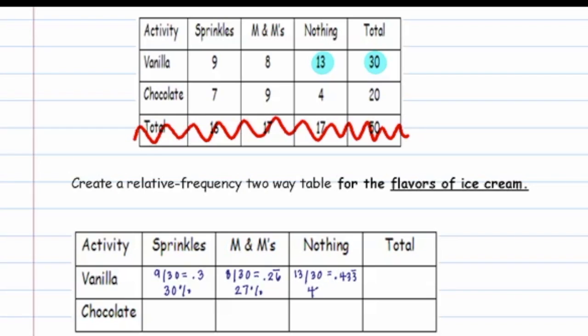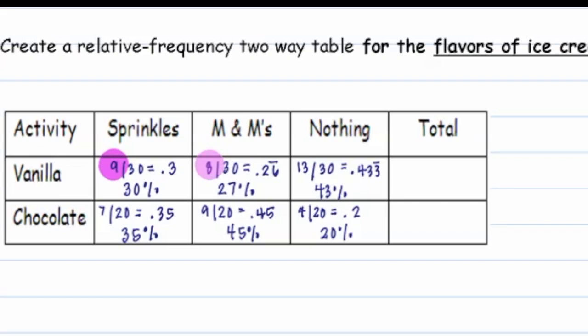And in the second row, I'm dividing every number by the total chocolate, which is 20. This time, the total of each row needs to add up to 100%. That way, I know I've accounted for the total vanilla and the total chocolate individually. And it does. So we know we've had all of our data and we've rounded correctly.